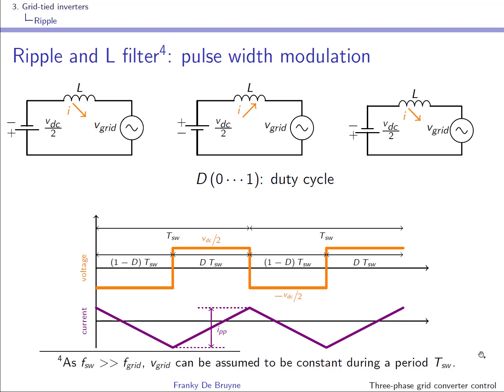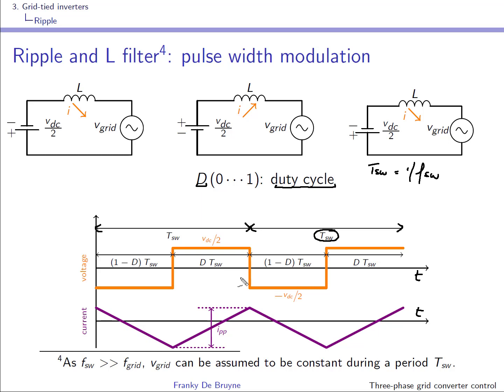Well, this timing is decided by looking at the switching period, and the switching period is 1 over the switching frequency. What I show over here are two successive switching periods. And what we do is decide during this switching period what is the percentage of the time that the top transistor is going to conduct, and this is then decided by this parameter, which is the duty cycle D, and D is a real number between 0 and 1.